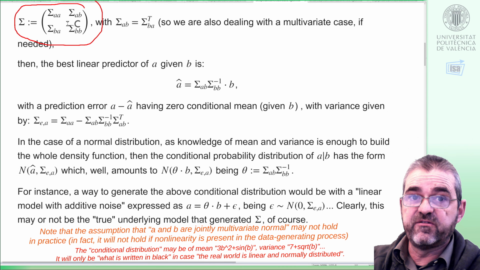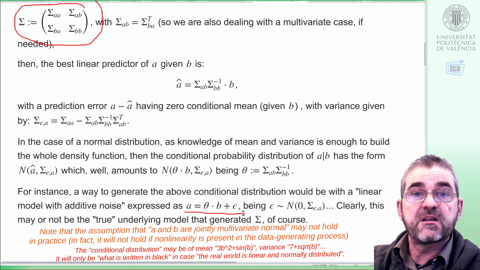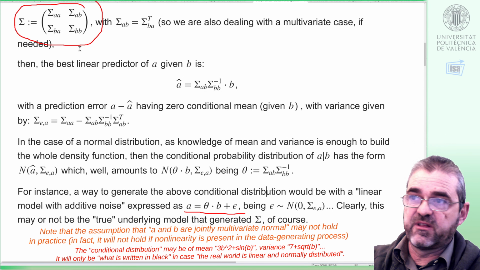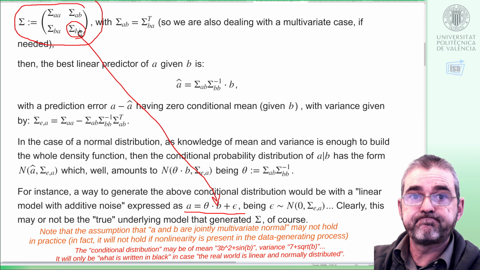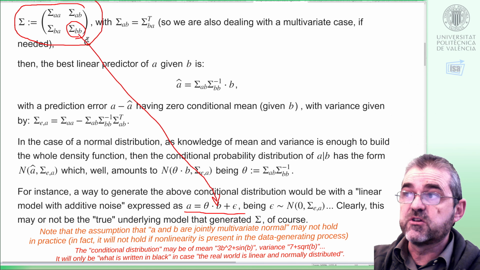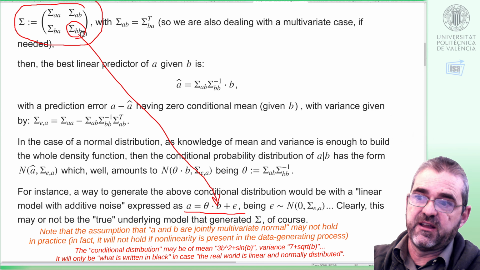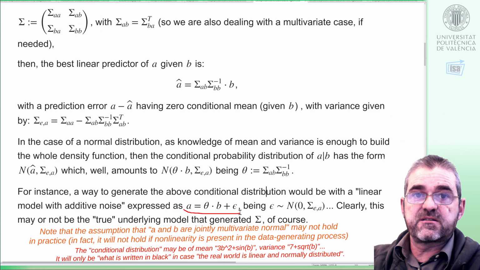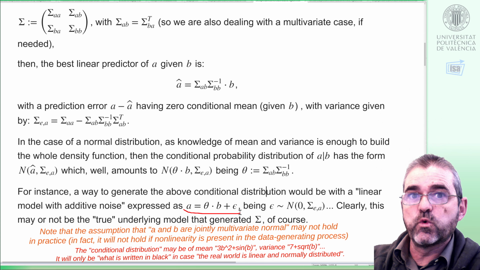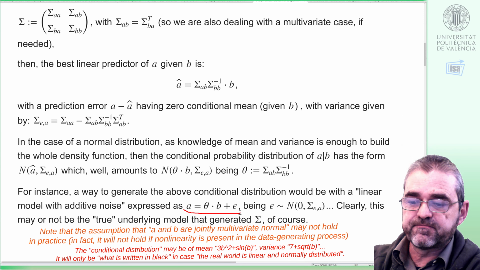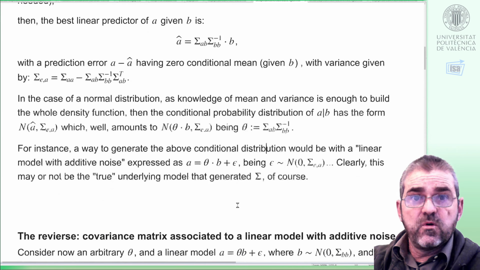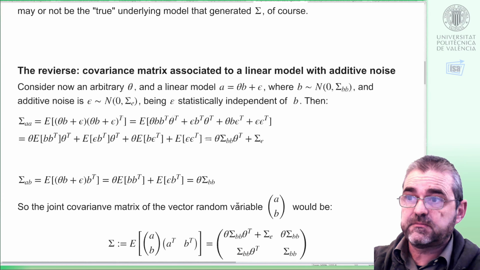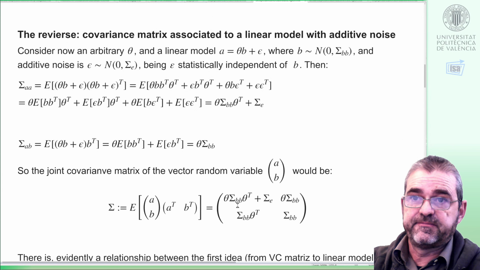But given the covariance matrix, this model, jointly with the variance of the input to the model sigma BB, would explain that joint covariance matrix of A and B. But remember, the fact that the model explains the observed variance does not mean that this model is the true underlying physical model. Now we'll see the reverse step. It's sort of the same.